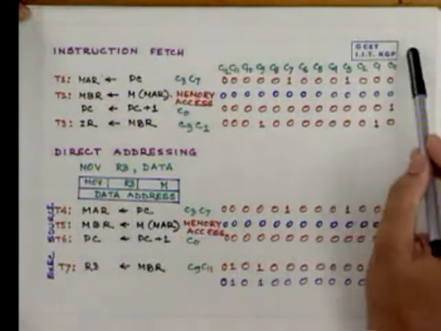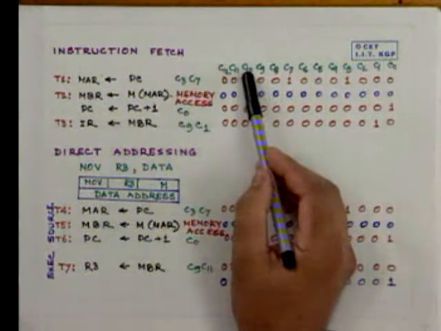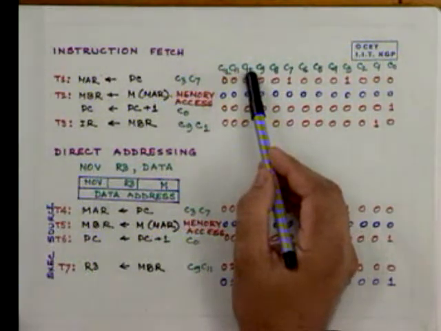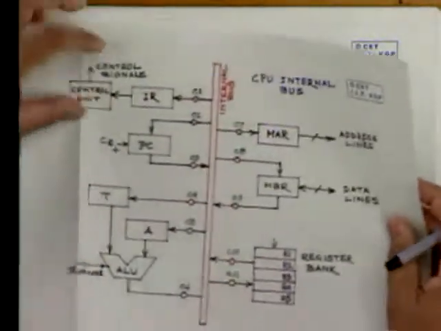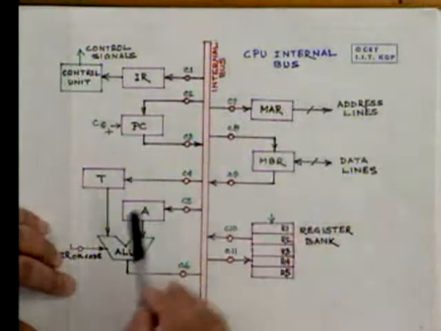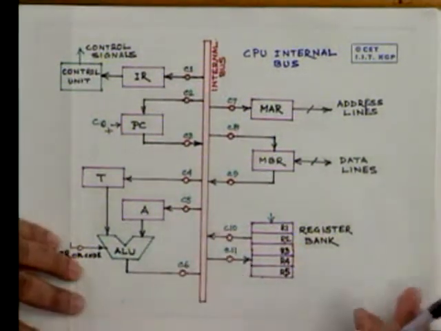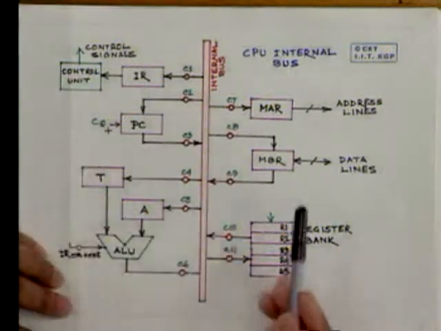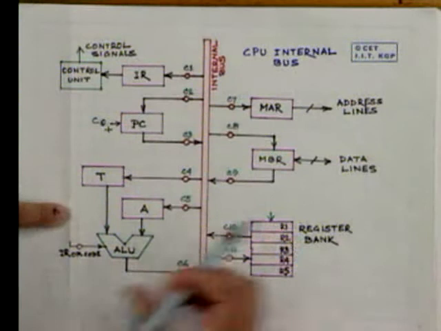The corresponding code is C0 to C12. If we take the machine, we see that these are the control points.